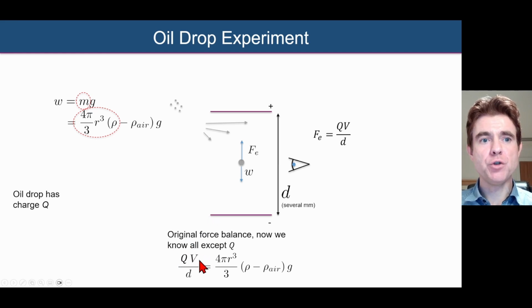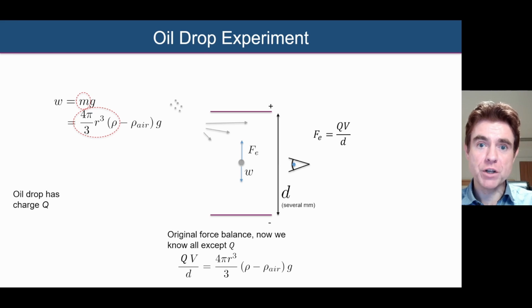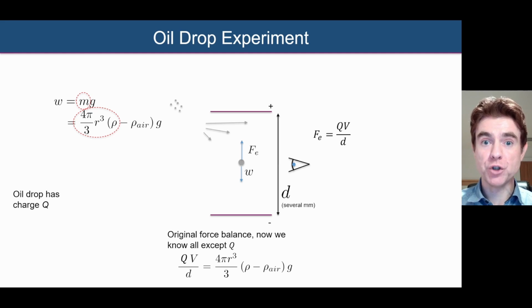Okay, so now we're back to QV over D, in other words, charge times electric field, volts per meter, is now equated also to the weight of that oil droplet expressed in terms of the density of the oil, which is easy to measure, and likewise now expressed in terms of the radius, which we've also just found a way of measuring. So we can put the radius into this equation and solve for capital Q, which is the charge of the oil droplet.